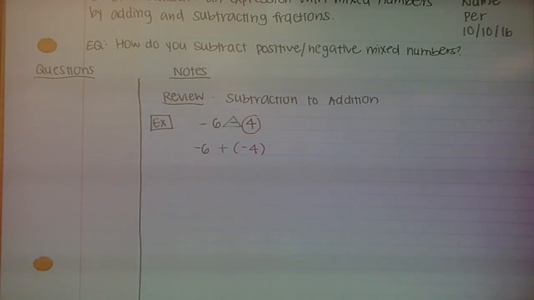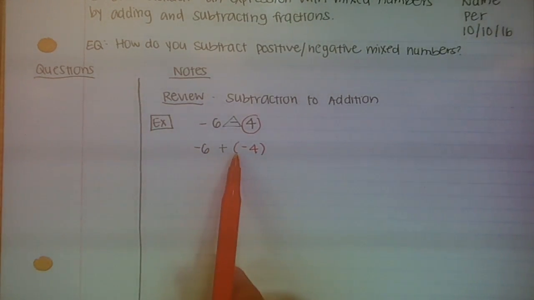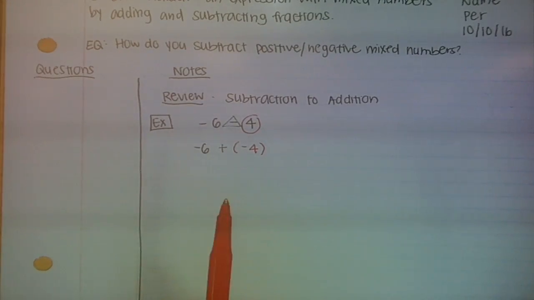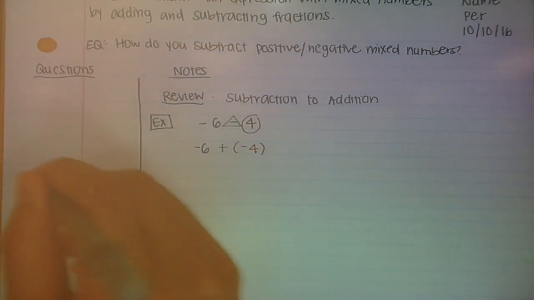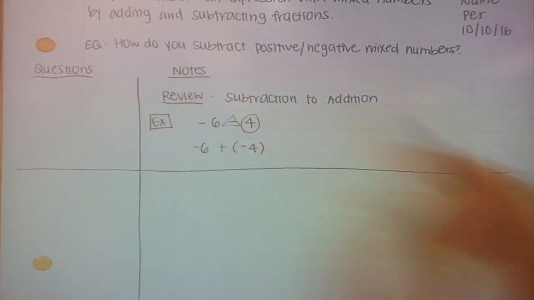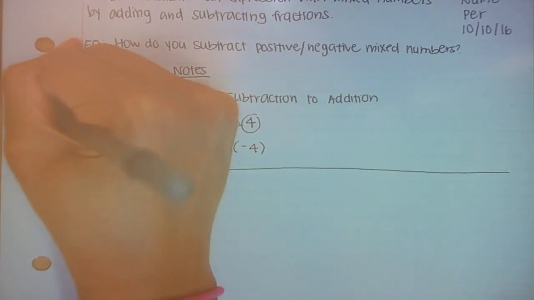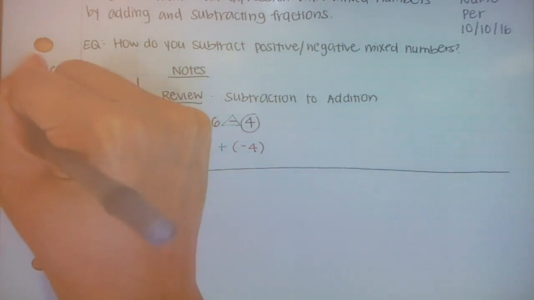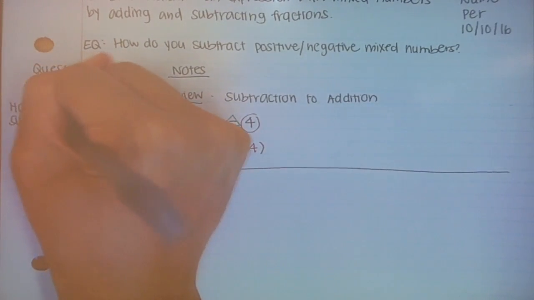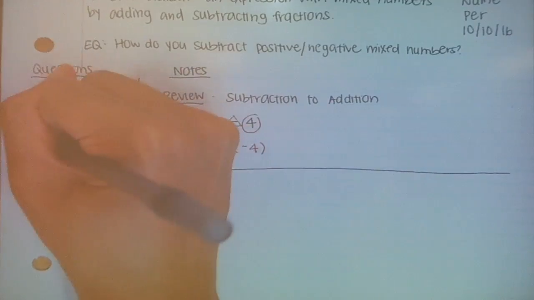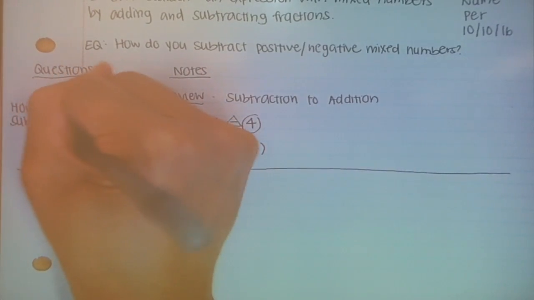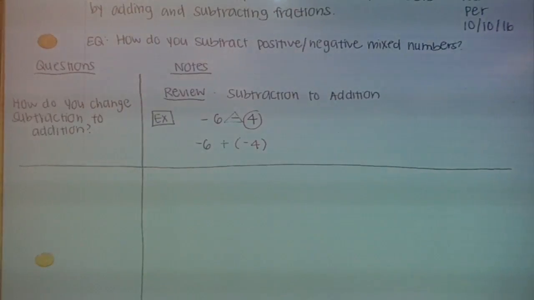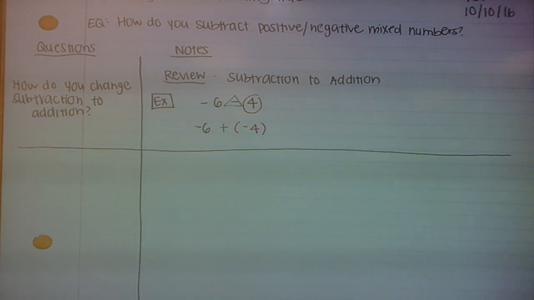So we will be doing the same idea, but now instead of integers, we're going to be working with mixed numbers. So this question is, how do you change subtraction to addition? That's just a review. We've done that before.